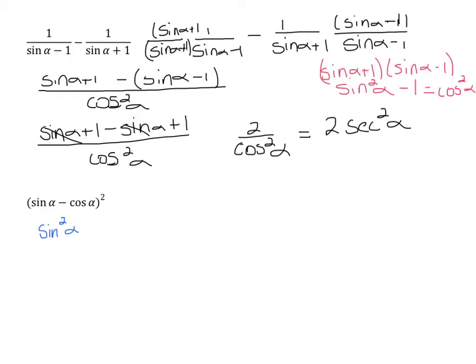And then 2ab would be 2, where a is sine of alpha and b is negative cosine of alpha. And then b squared would be cosine squared of alpha. Now what we should notice is we have sine squared plus cosine squared. And from our Pythagorean identity, we know that that's equal to 1. So we end up with 1 minus 2 sine of alpha cosine of alpha.